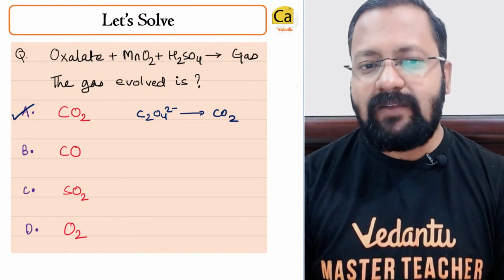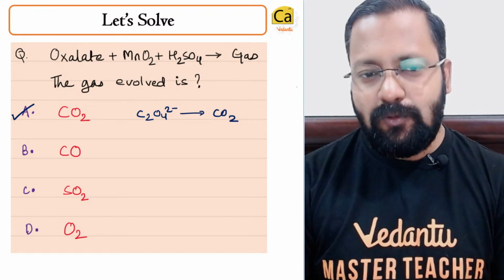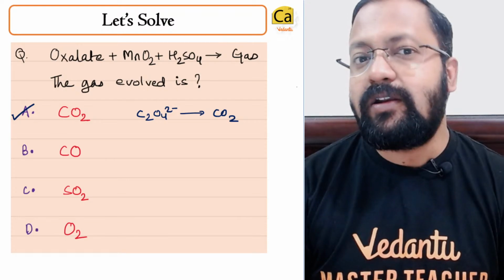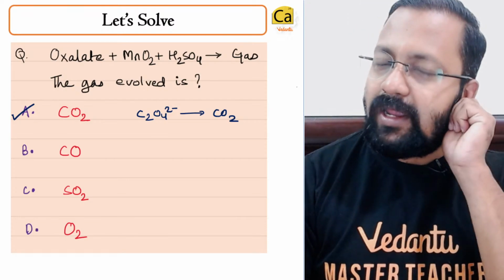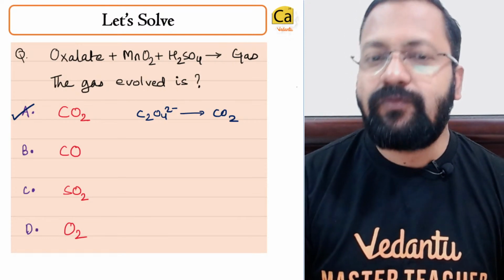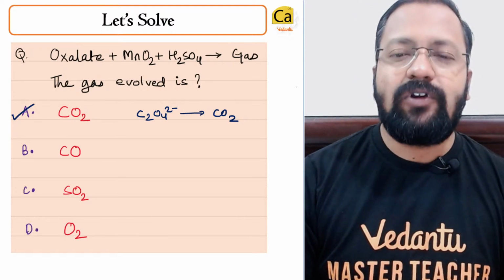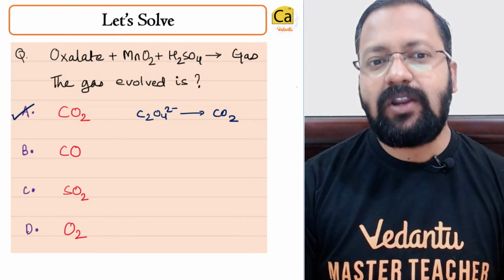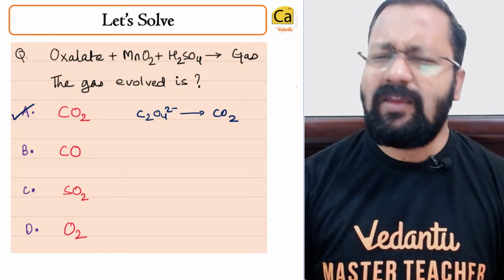I'm not treating it with just H2SO4. If it had been treated with just H2SO4, I would have gotten A and B. But if it is treated with H2SO4 and MnO2, I would get only carbon dioxide. It's a very important test.